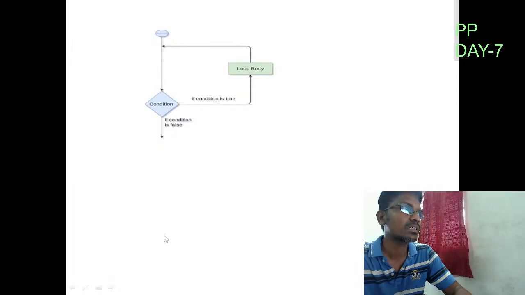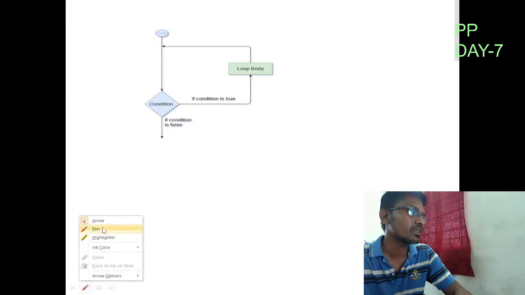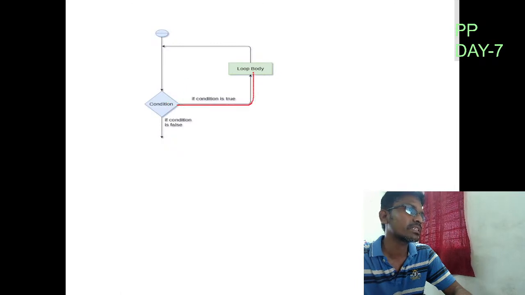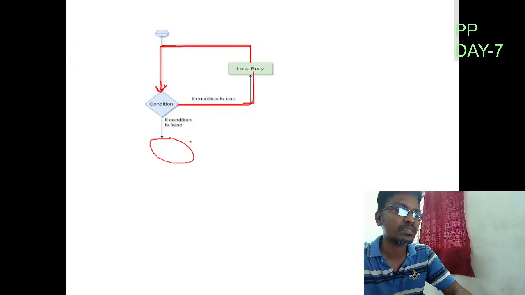So this is a condition. If the condition is true, then it will execute the body of the loop, and the body of the loop executes until the condition becomes false. Whenever the condition becomes false, it will come out of the loop and stop the process.